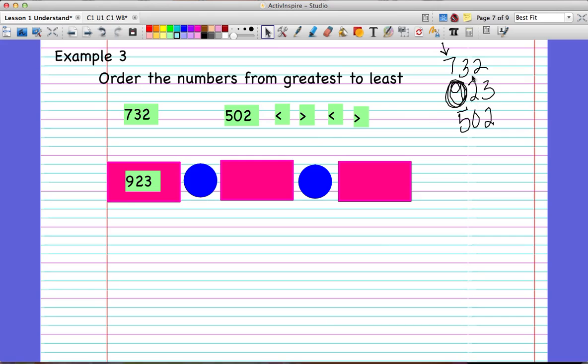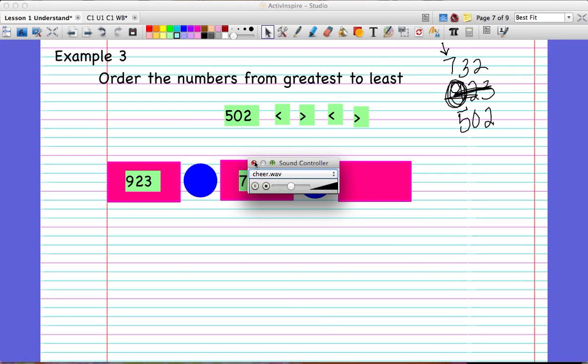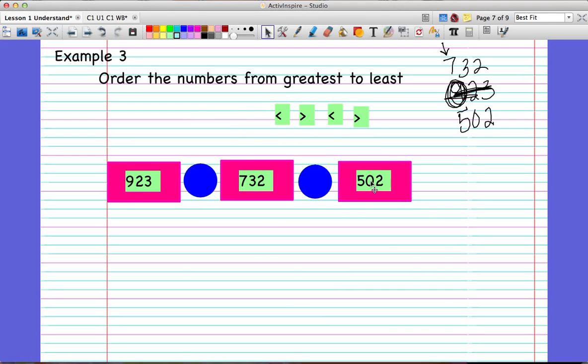So now we're going to take a look at these last two, and we can stay in the same column because they still are different numbers. Since 7 is bigger than 5, we know that the 732 has to be larger than the 502.